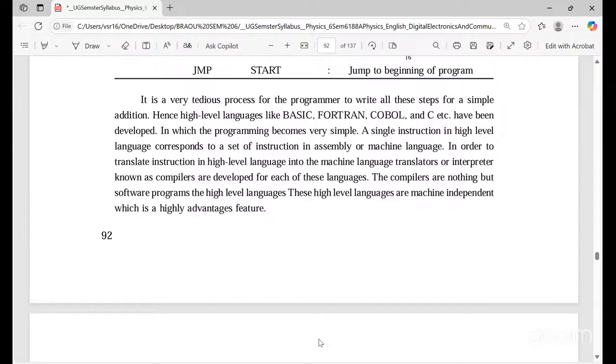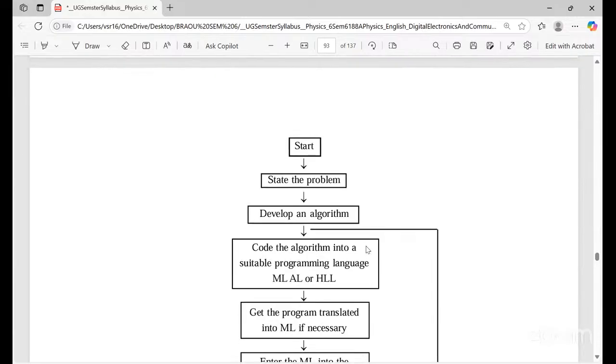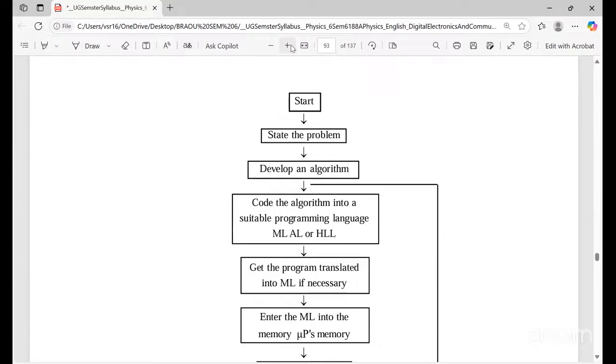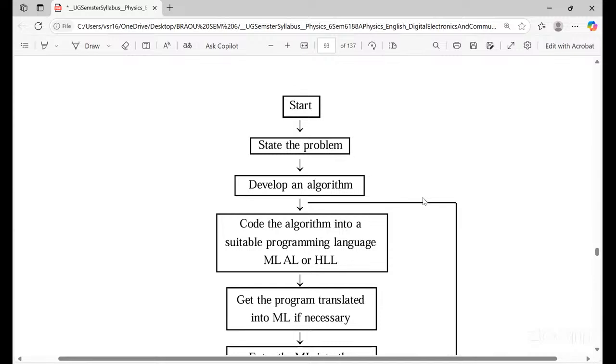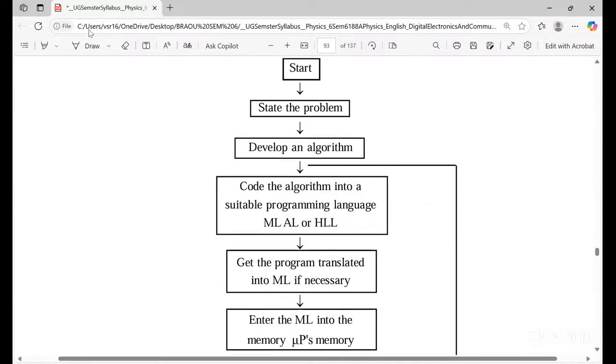The compilers are nothing but software programs, and the high level languages are machine independent, which is a big advantage in future.